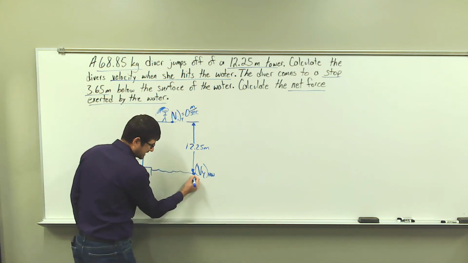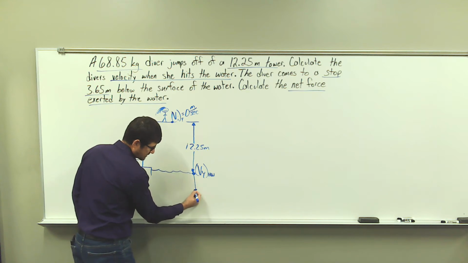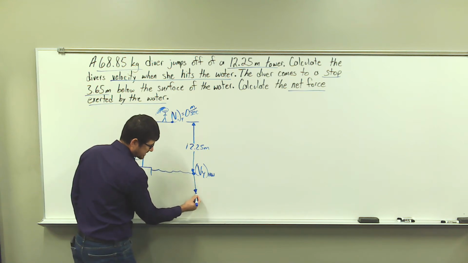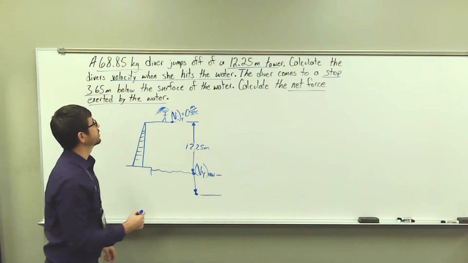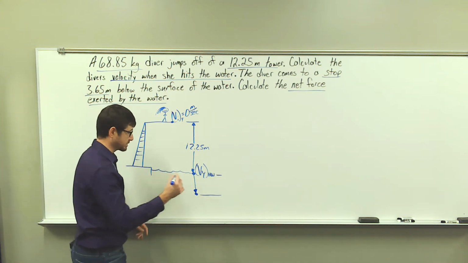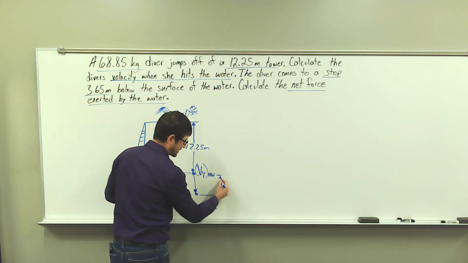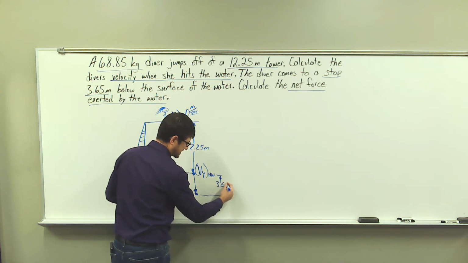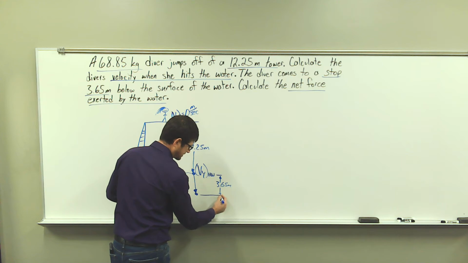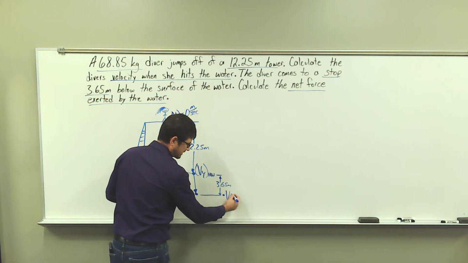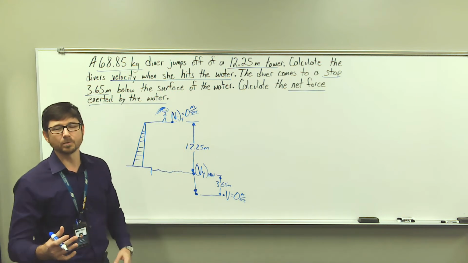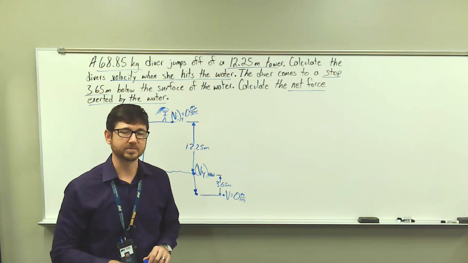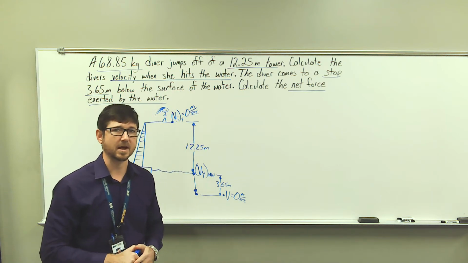Now, after she hits the water, she comes to a rest 3.65 meters below the surface of the water. So we need to include that, 3.65 meters. And we know that her velocity here is 0 meters per second, because the problem tells us that she comes to a stop.